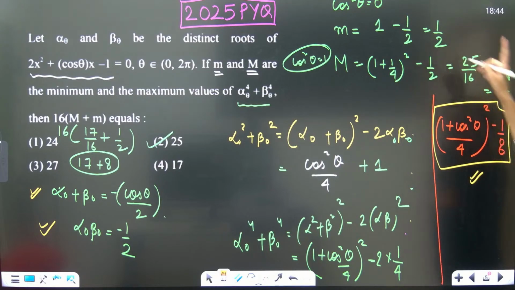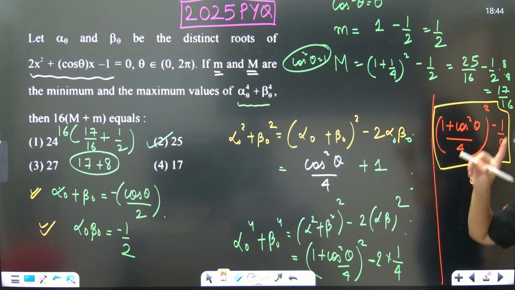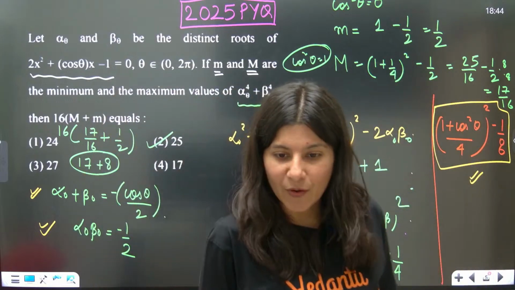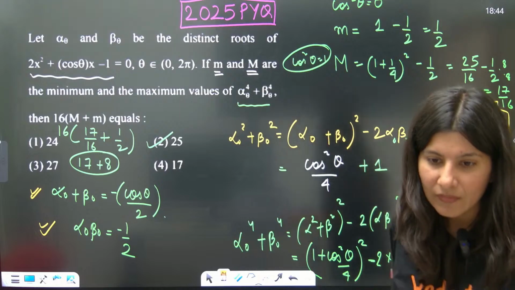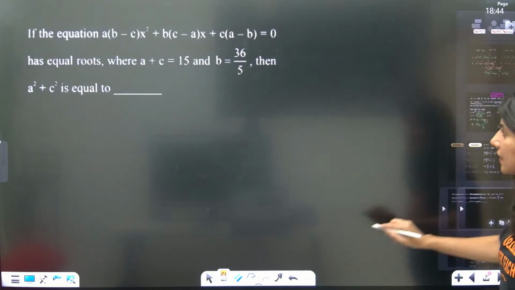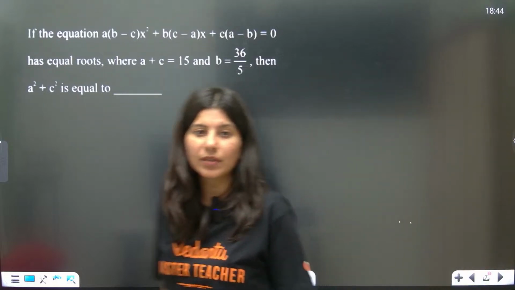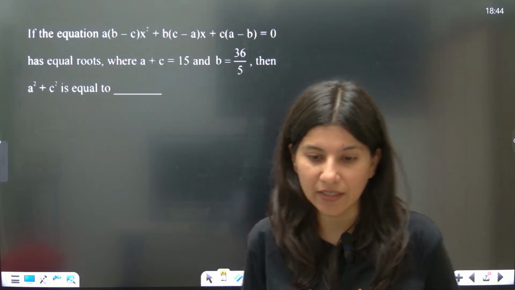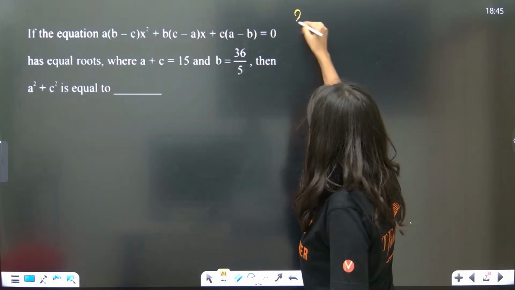Put cos square theta 0, you will get minimum value. Put cos square theta equal to 1, you will get maximum value. Okay. Yes. Perfect. Next question in this session is all about, okay, this is the question again, 2025 PYQ.